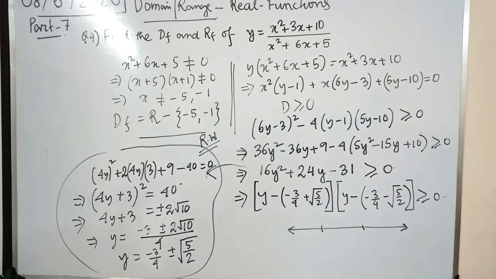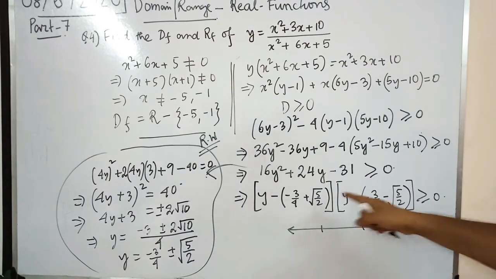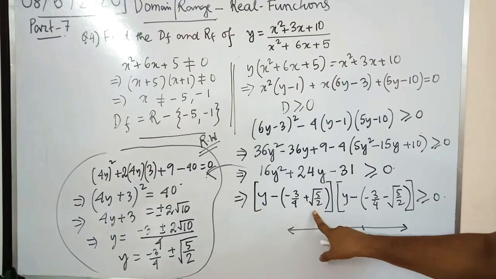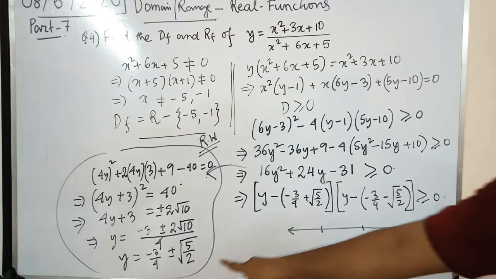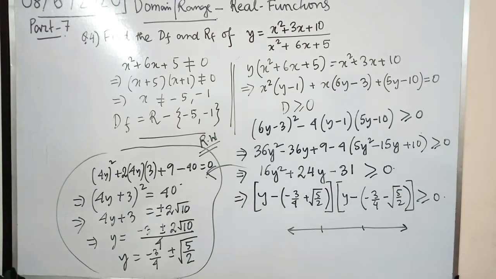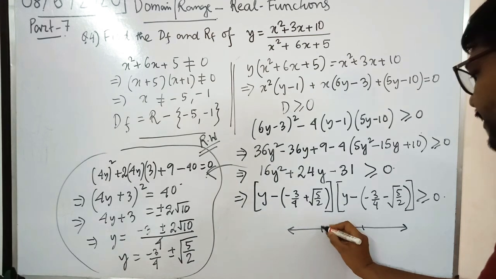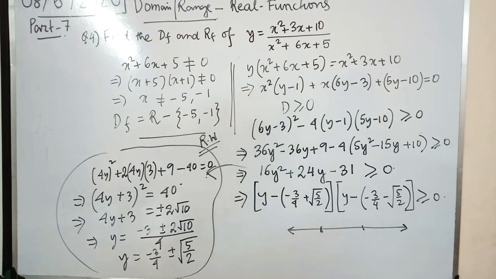So see, we have written two factors of this, considering these two values, minus 3 plus root over 5 by 2 and minus 3 minus root over 5 by 2. So this will be the typical factor of this whole expression. So obviously you are going to get two things over here. So there will be two values.